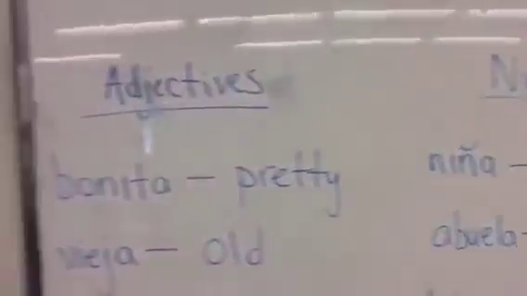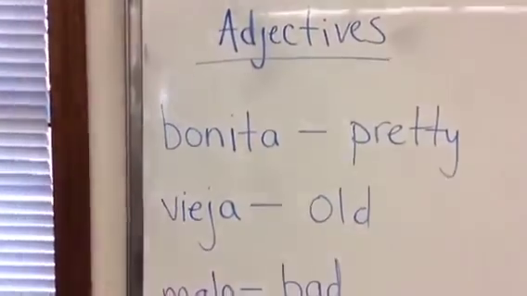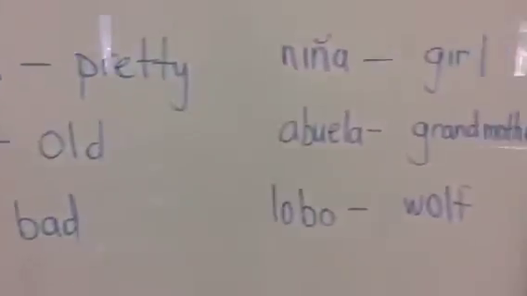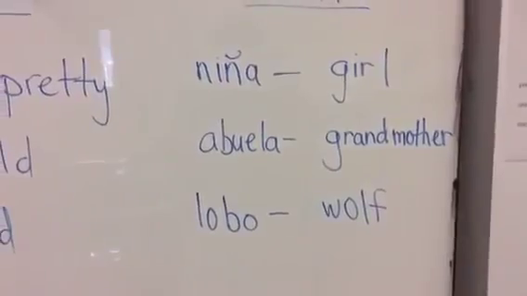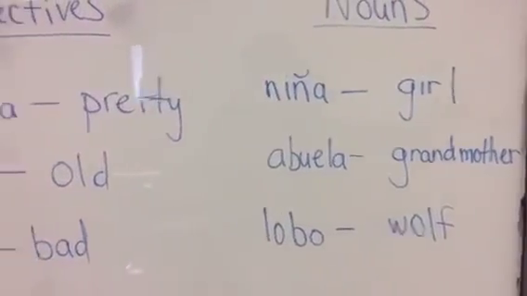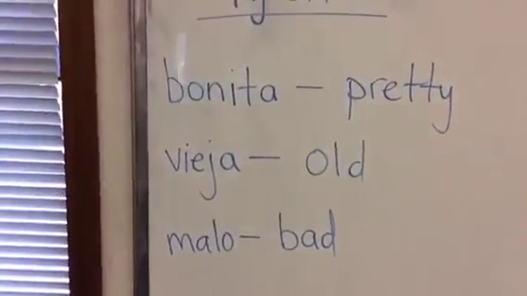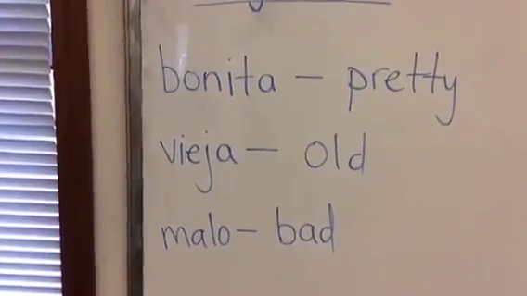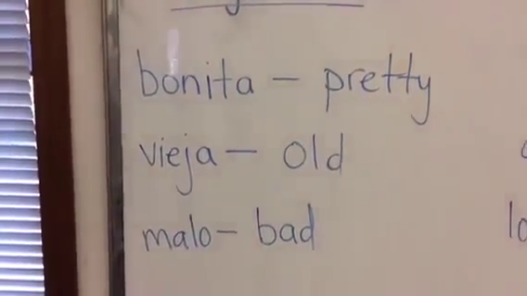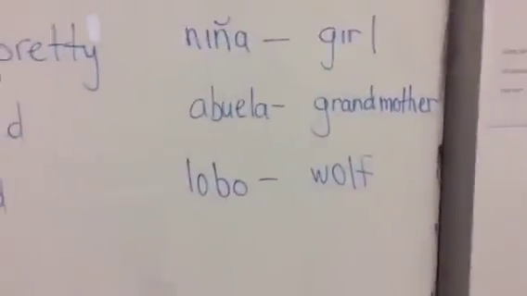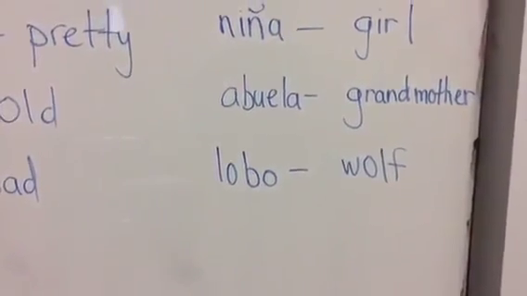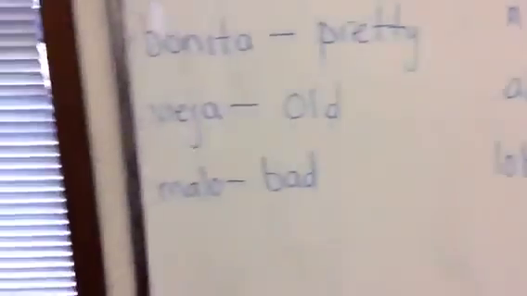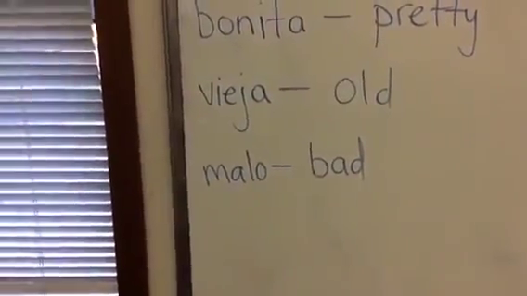So both the noun and adjective end in A. So the same would be true for abuela. Abuela is a feminine noun, so it would have to be paired with a feminine adjective, which is vieja. It ends with an A. Lobo. That is a masculine noun because it ends with an O. And so I would need to pair it with a masculine adjective, malo.